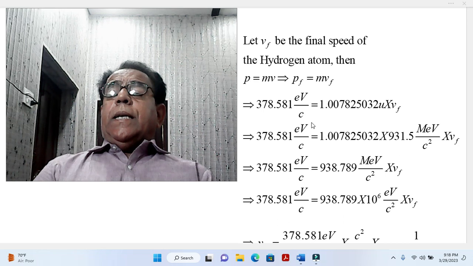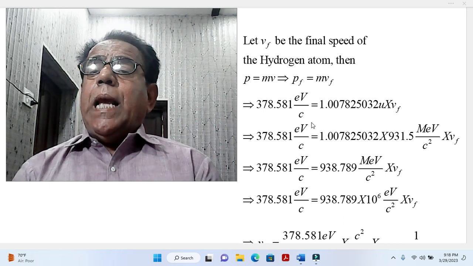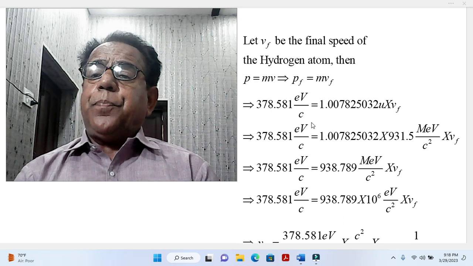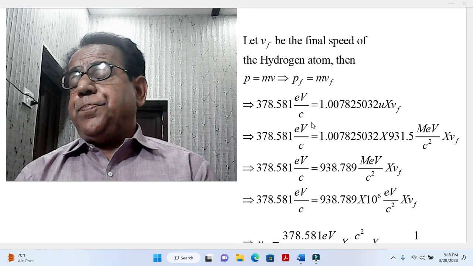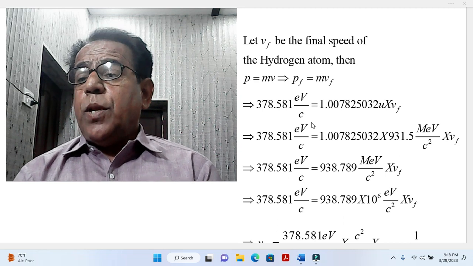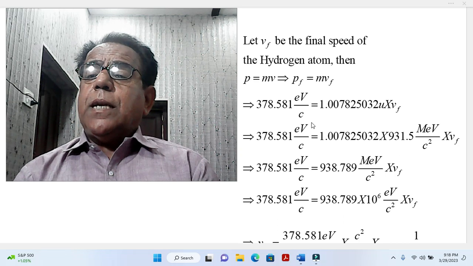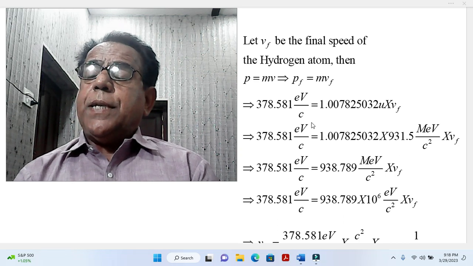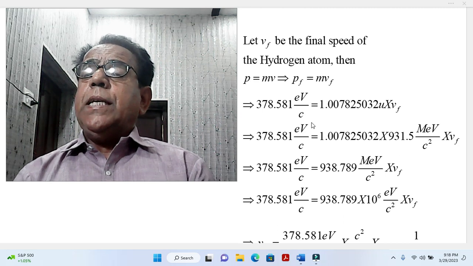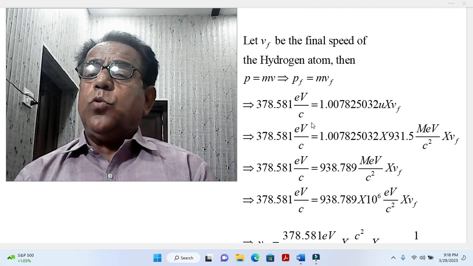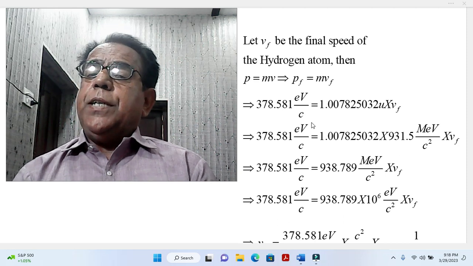In the beginning of this video I had emphasized these arrangements enough. So 931.5 million electron volt over c square multiplied with Vf, the final velocity which we have to determine. So this becomes equal to this into this.